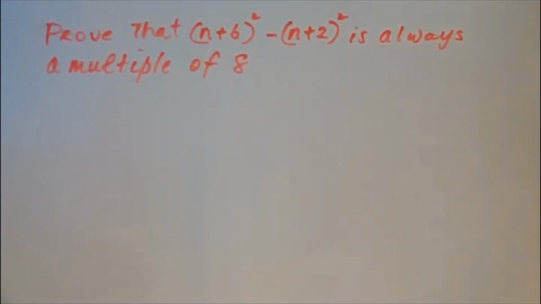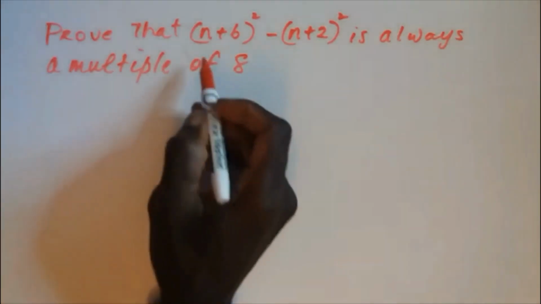Next, we have to prove that n add 6 all squared minus n add 2 all squared is always a multiple of 8. Well, we'll just try to expand this and see what we have.